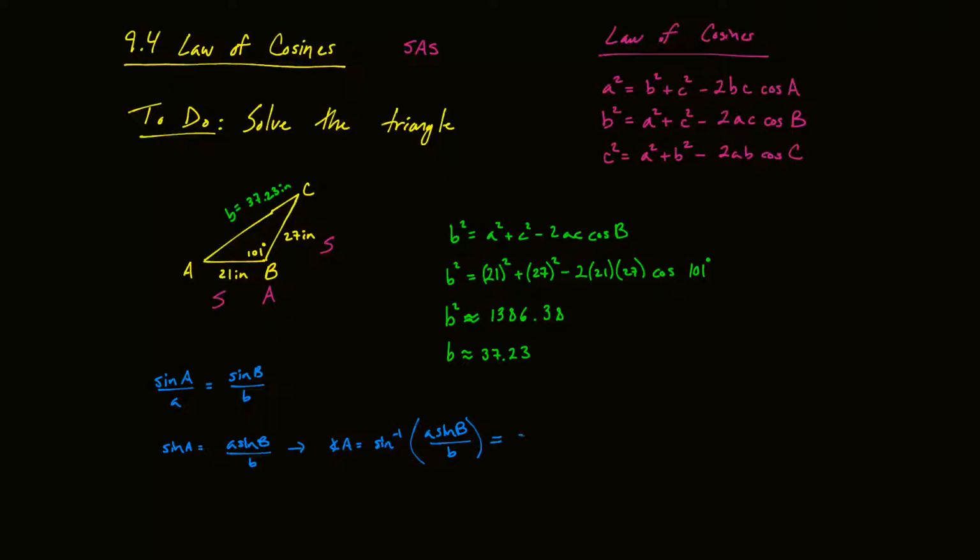And let's plug that all in. Almost there. Making our way. Where are we? Where's A? Yes, 27 inches. There we go. I'm not going to write the inches here. Just going to keep that in again because it's very cumbersome to write that right now. 101 degrees divided by side B, which is 37.23.